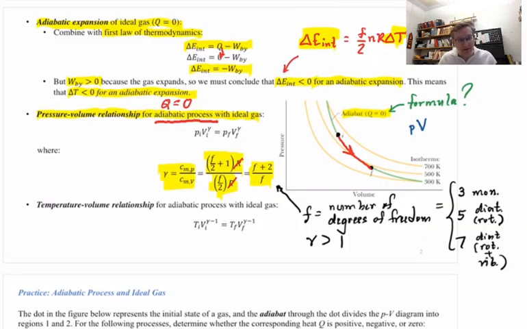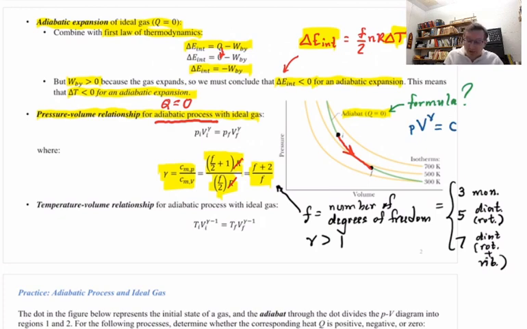Okay, I'm back. There was a little technical glitch. The formula relating pressure and volume for an adiabatic process can be written like this. Pressure times volume to the exponent gamma equals some constant.